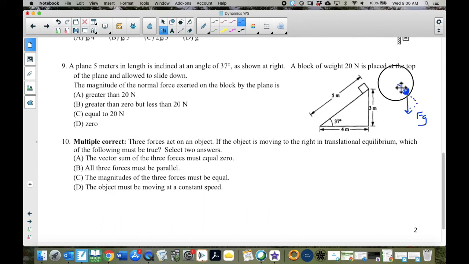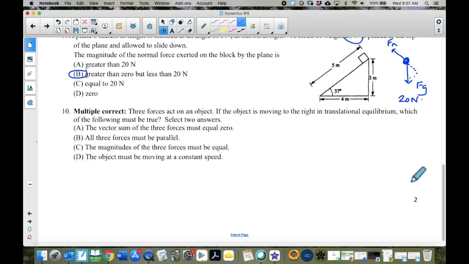Now when we draw our normal force, that normal force is actually smaller than the gravitational force. In this case, we have a box of weight 20 newtons, so our gravitational force is 20 newtons. Our normal force is going to be less than that because it's at an incline. So it's less than 20, but greater than 0.